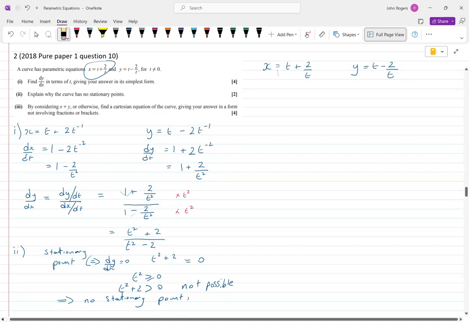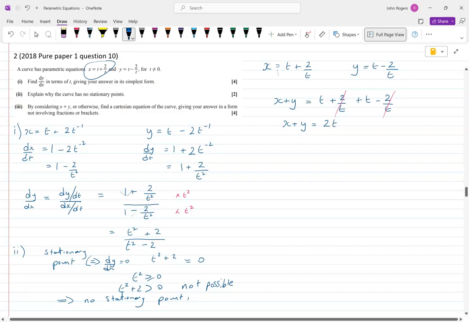So they're saying by considering x plus y, so we better do that. If we do x plus y, look what happens. We've got t plus 2 over t plus t minus 2 over t. Those two bits cancel, obviously, plus that and minus that. So we end up with x plus y is equal to 2t.